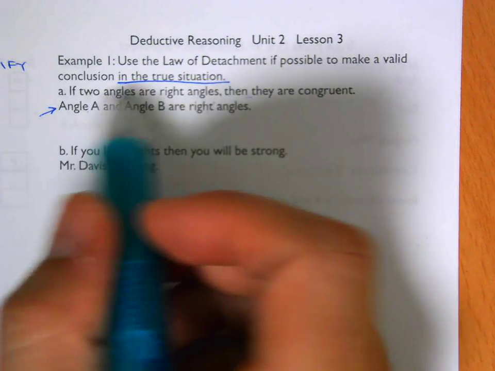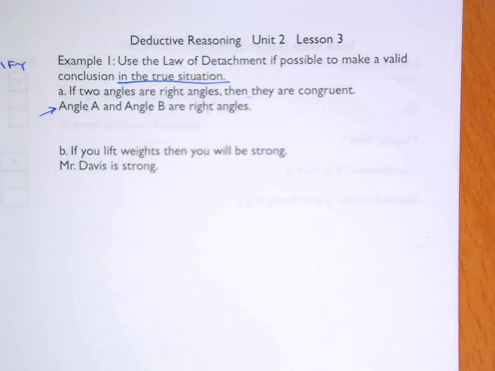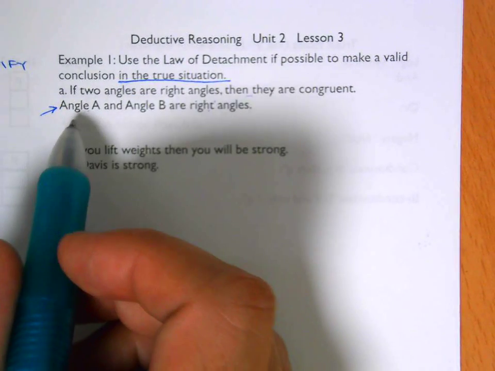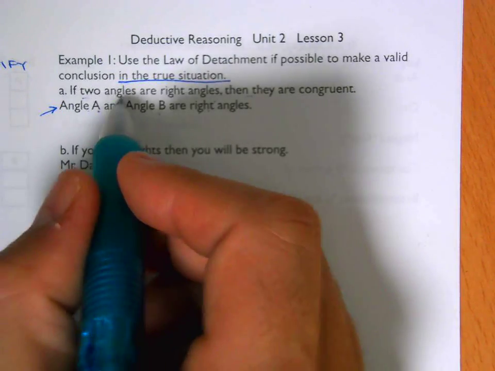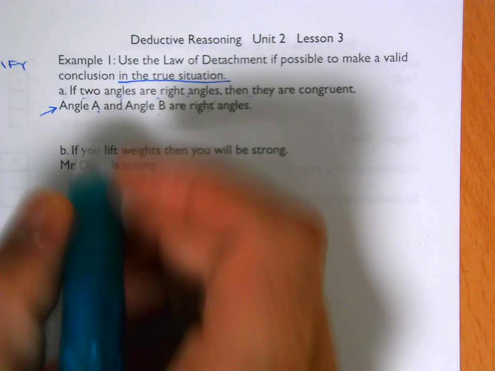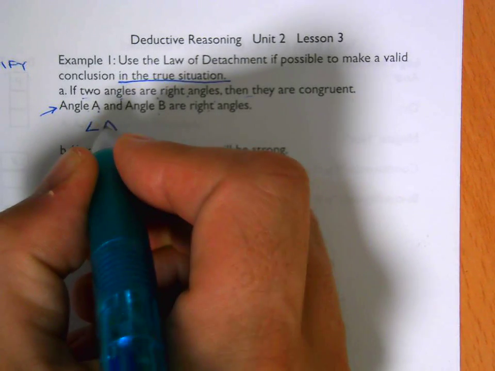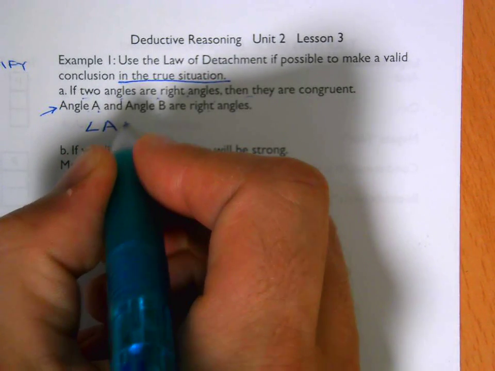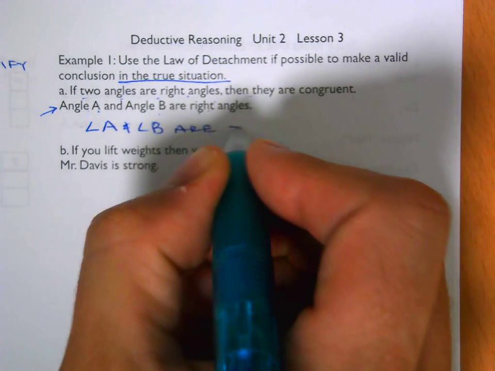Because if it's the hypothesis, then we can state the conclusion. If it's the conclusion, then we cannot state the hypothesis. So let's see. Two angles are right angles, that would be the if part. So we can conclude that angle A and angle B are congruent.